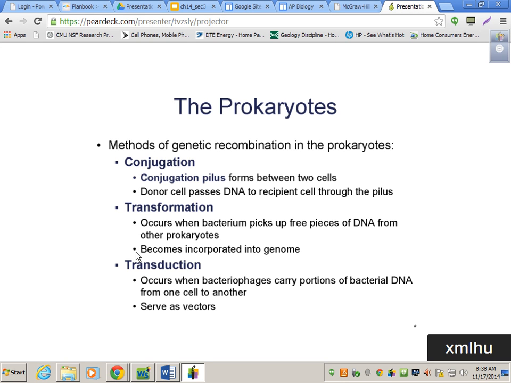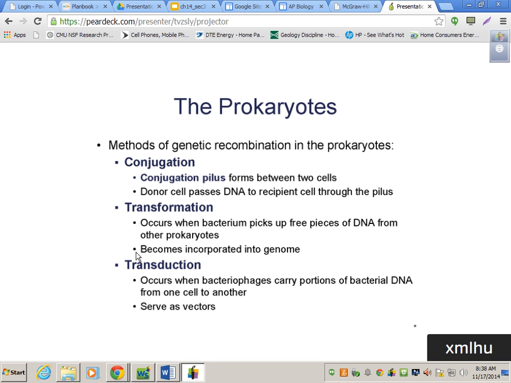So if it does take in some DNA from another prokaryote, either by ingesting it from the environment or through the conjugation pilus, it can go through what's called a transformation, and it can become incorporated into the genome. There was a famous scientist who did experiments on this with mice. If you guys remember who that was, it was Griffith, right? You guys remember Griffith's transformation experiments with pneumonia? Yep.